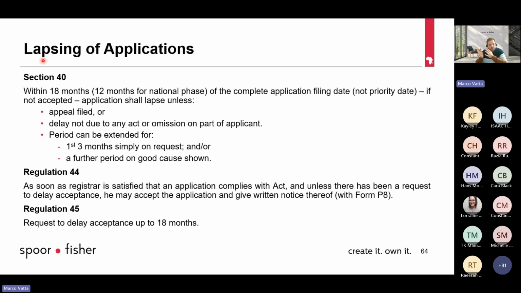So if the Patent Office took longer to examine that application, to issue the acceptance notice, in that instance, the application is not deemed to be abandoned because it's due to no fault of the applicant or omission on part of the applicant. And as we also know, that deadline can be extended for the first 3 months as of right, and then for any further period, good cause must be shown.